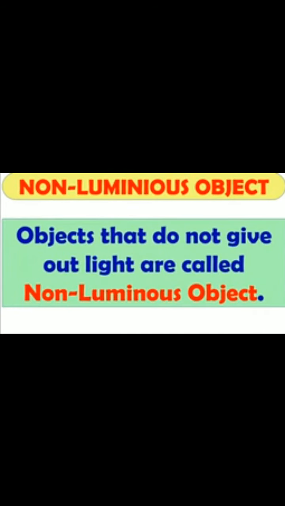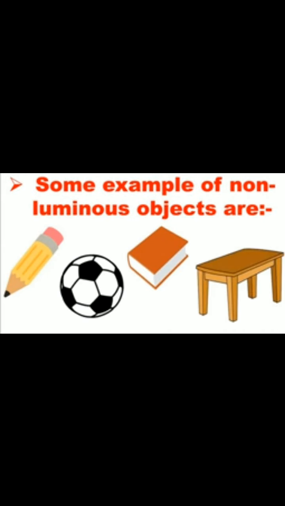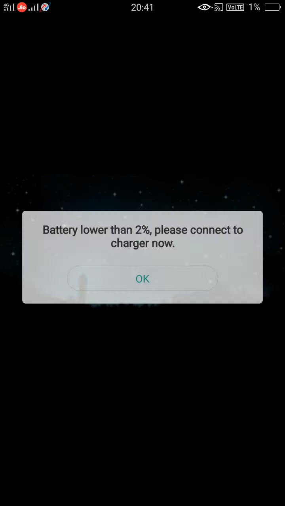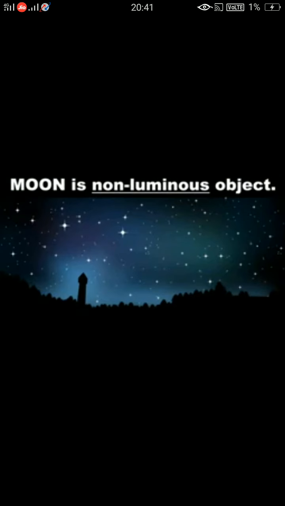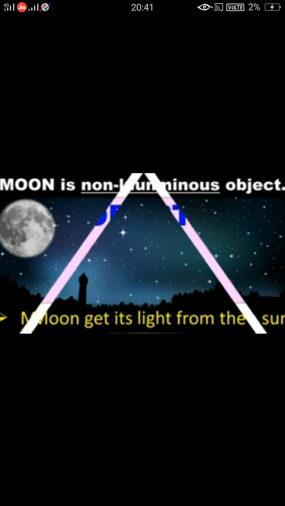Objects that do not give out light are called non-luminous objects. Some examples we will study: pencil, ball, book and table. They are non-luminous objects because they do not give their own light. Now see, one amazing fact, do you know that the moon is also a non-luminous object? Why? Because it gets its light from the sun.